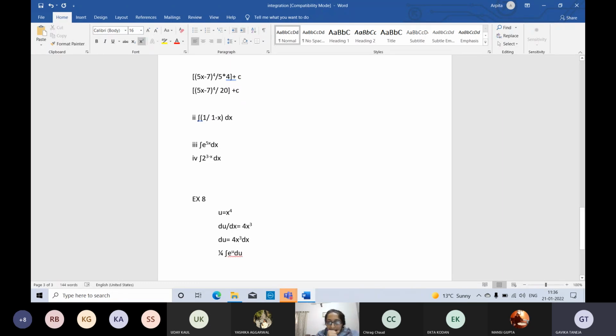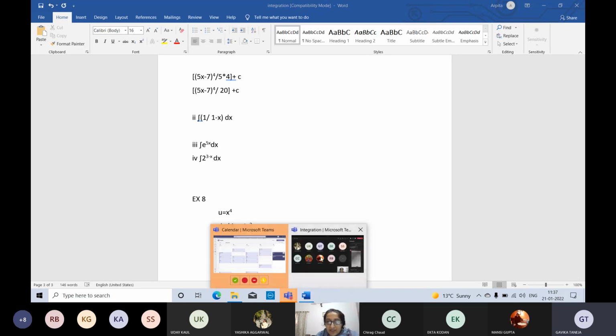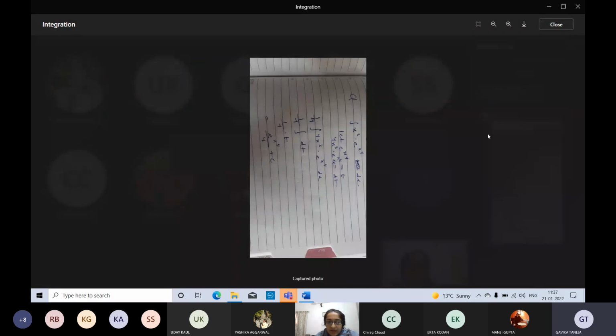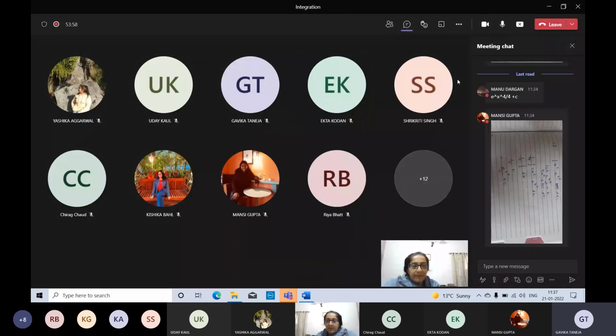And I know that du is equal to 4x cube dx, so I just replace it. Hence I get the answer, which I think somebody has already put in the chat box: 1/4 e to the power x to the power 4 plus c. Let's see if the answers are correct. Right, e to the power x to the power 4, correct. Fine. Is it clear? All right.